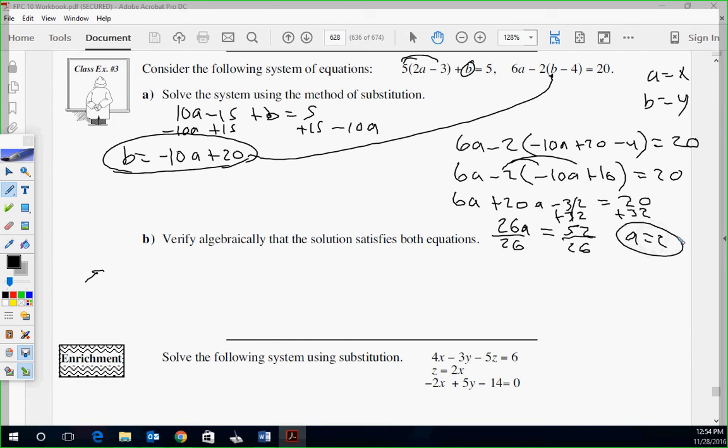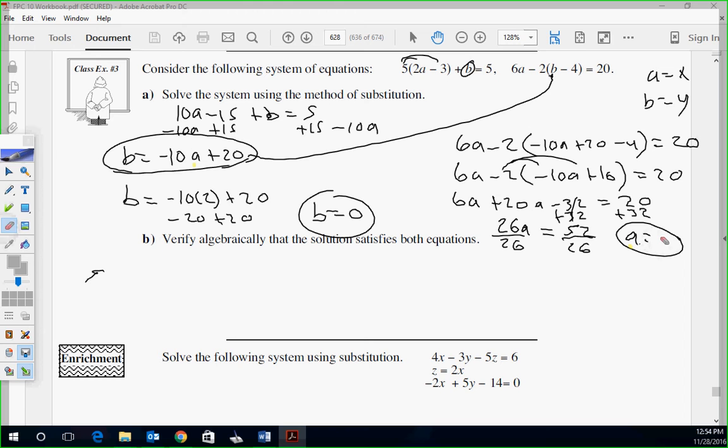A is 2. We're going to take that 2 and put it right here. So b equals, good job, negative 10 times 2 plus 20. Negative 20 plus 20. B is 0. A is 2, B is 0.